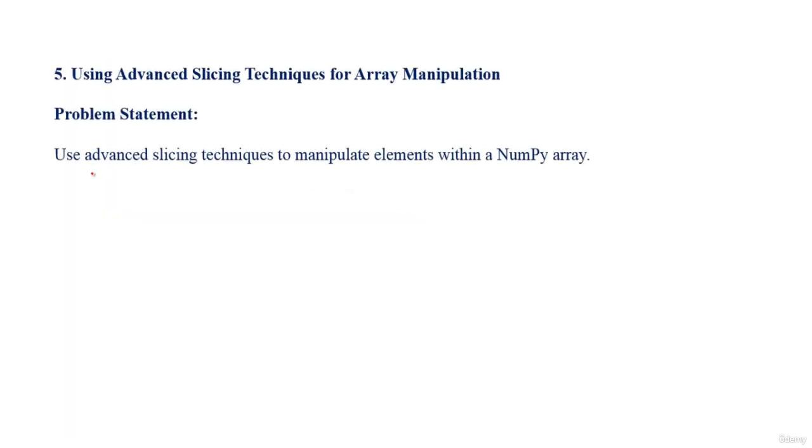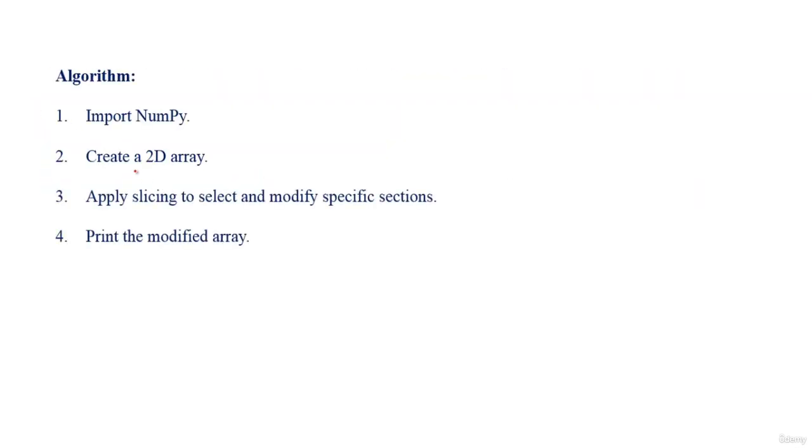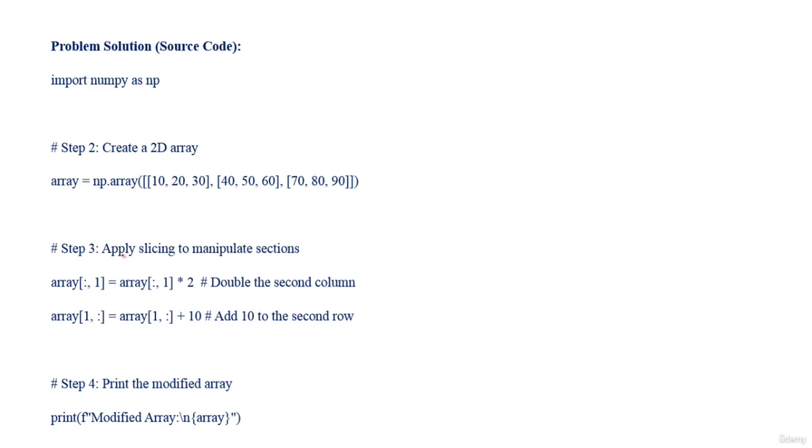Fifth problem statement is to use an advanced slicing technique to manipulate elements within a NumPy array. So I will use advanced slicing techniques. Skills required and instructions you have to read. Algorithm I will follow: apply slicing to manipulate different sections.